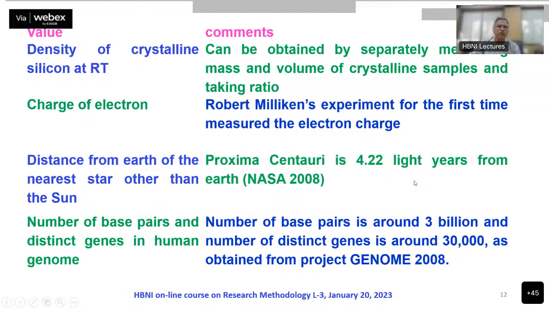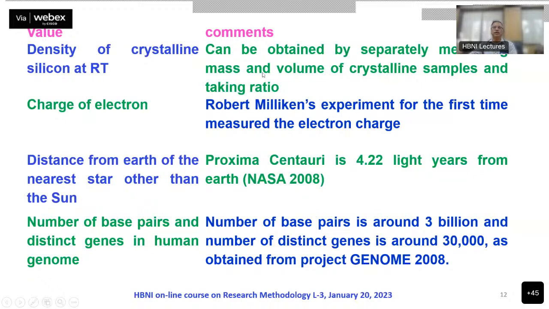Some examples of measurement of a quantity: the density of crystalline silicon at room temperature. This is the objective of your research. You are measuring one value. You cannot make a hypothesis in such a case because density could be anything. So you do this second type of research where you do an experiment to measure the value. It can be obtained by separately measuring mass and volume of crystalline samples and taking the ratio.